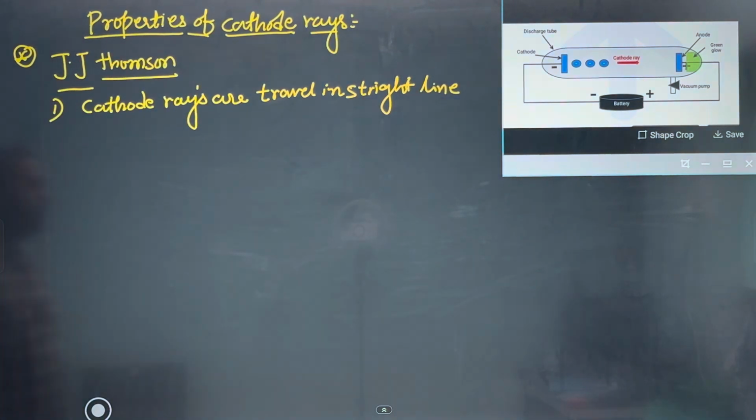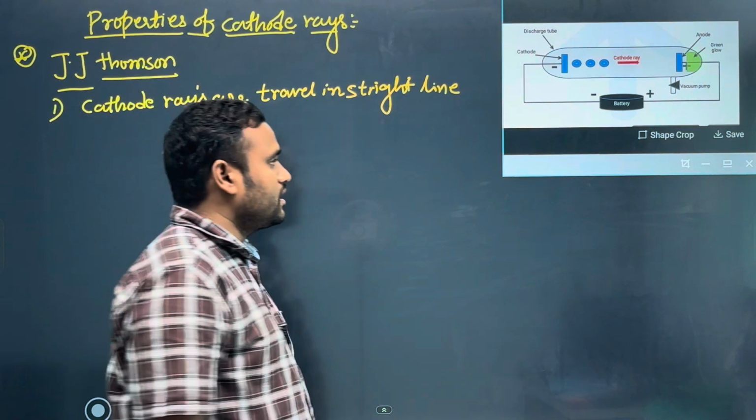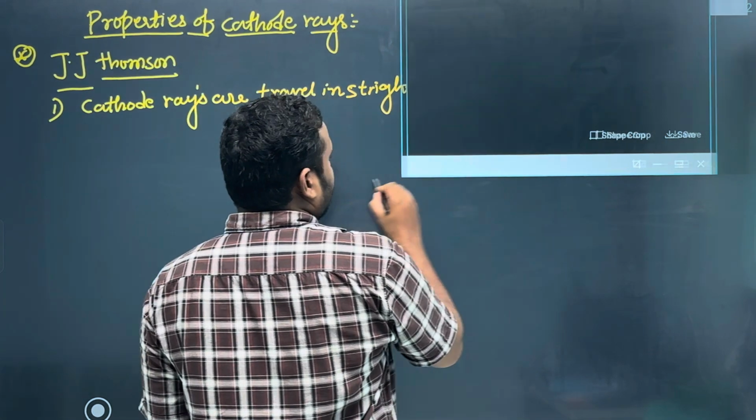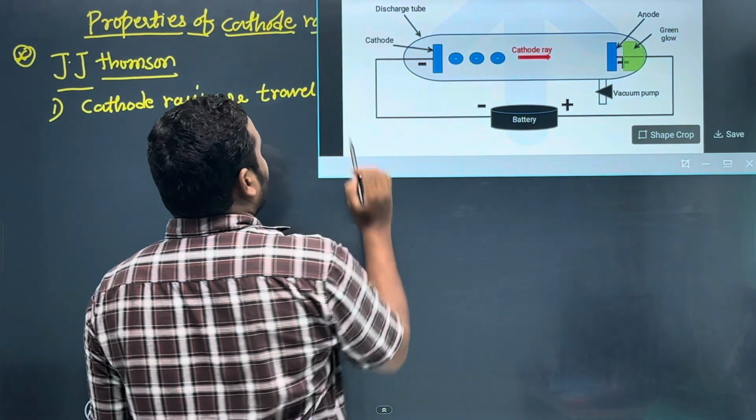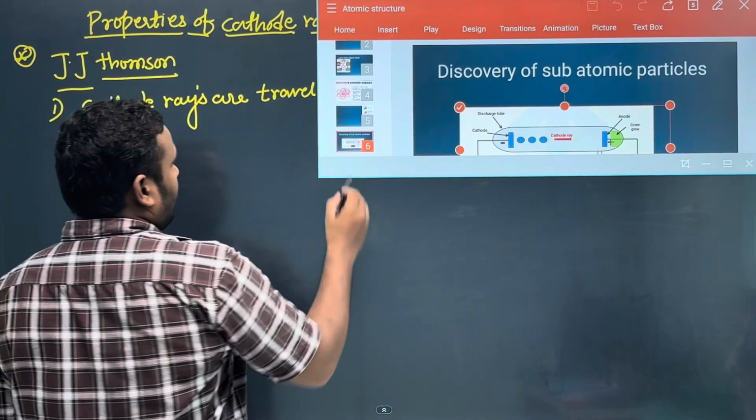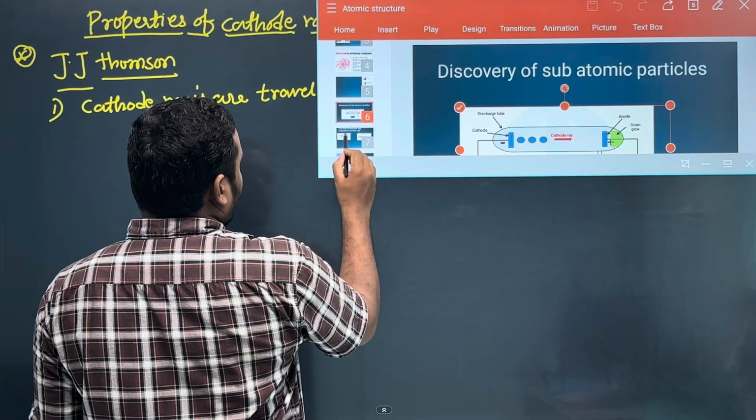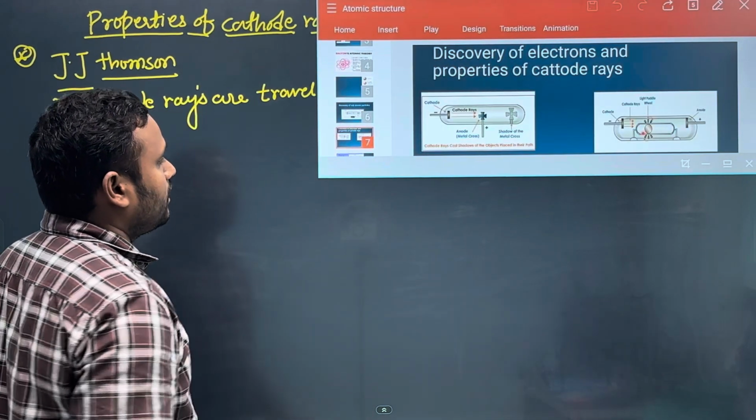So how can we say the cathode rays travel in a straight line?